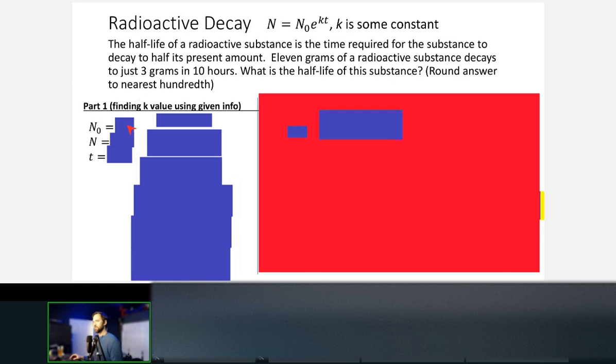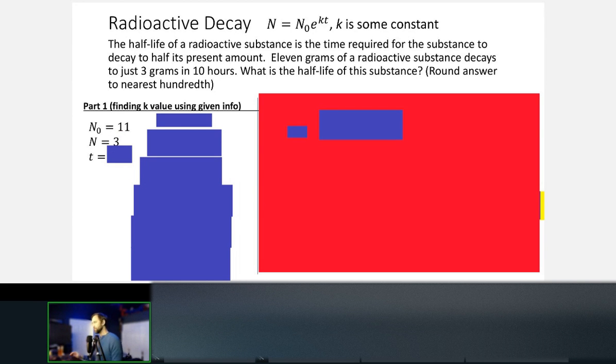So do we know the initial amount? It's 11 grams. Do we know a final amount? Yeah, we know 3 grams is the final amount.